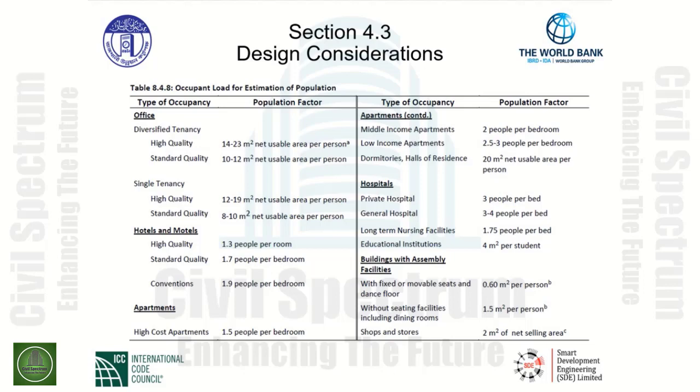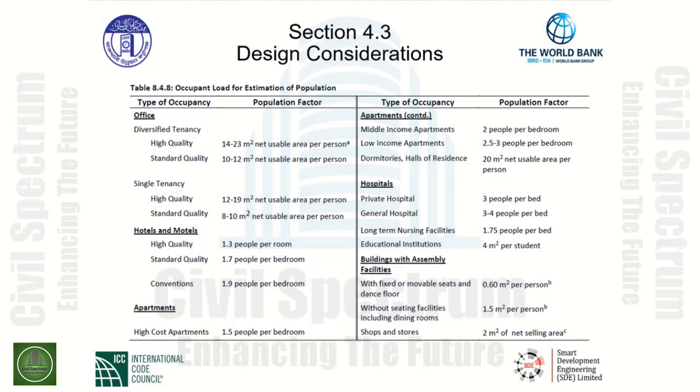The first column again gives us the categories. The second column in this table gives us the population factor as a number in square meters for the net usable area per person in the office category.